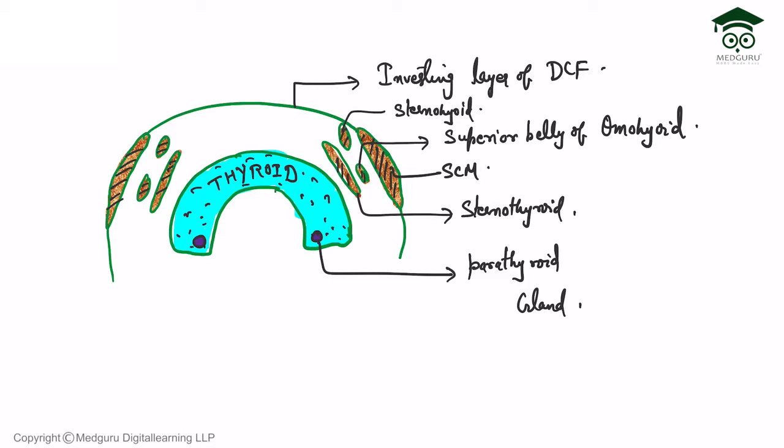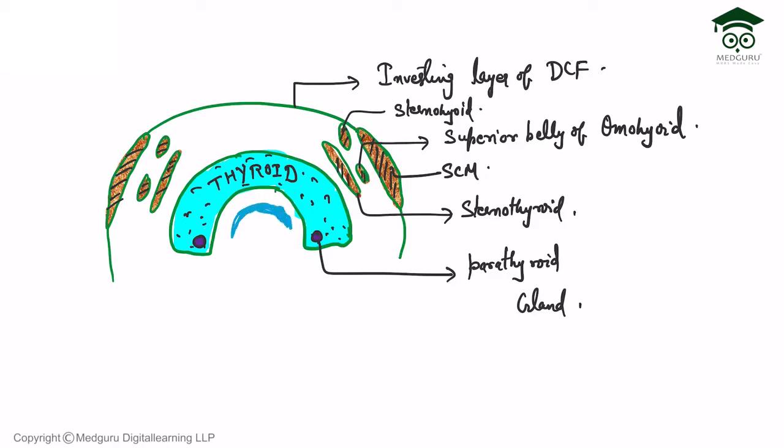Now what you can see in this diagram, what I have already explained when I was explaining the relations of thyroid gland, I have explained that thyroid gland is anterolaterally related to the following muscles. So you can see in the diagram, it is anterolaterally related to sternocleidomastoid muscle, sternohyoid, sternothyroid, and superior belly of omohyoid.